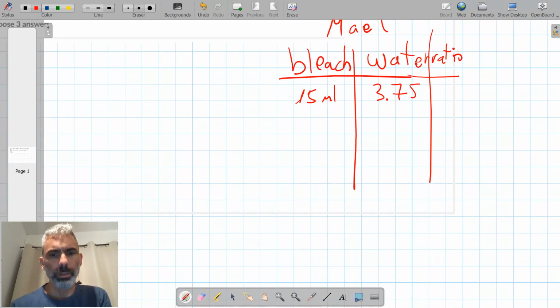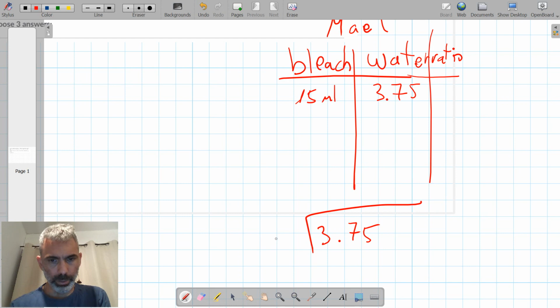If I divide the total amount of water, 3.75, by the number of milliliters of bleach, I get the ratio between bleach and water. So for every 3.75 liters of water, Mael uses 15 milliliters.